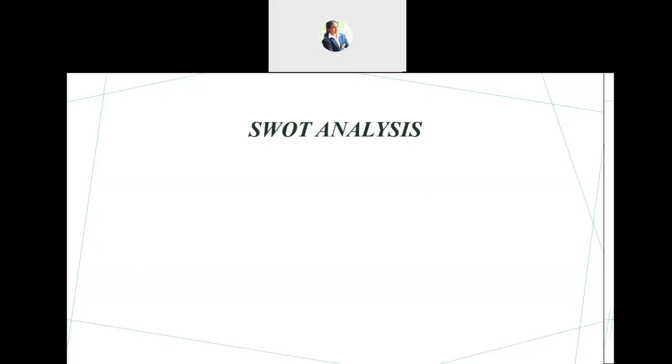Now it is said that SWOT is the cornerstone of business policy formulation, and the SWOT analysis determines the course of action to ensure the survival and growth of the firm. As we said, SWOT is nothing but an acronym for strengths, weaknesses, opportunities, and threats.